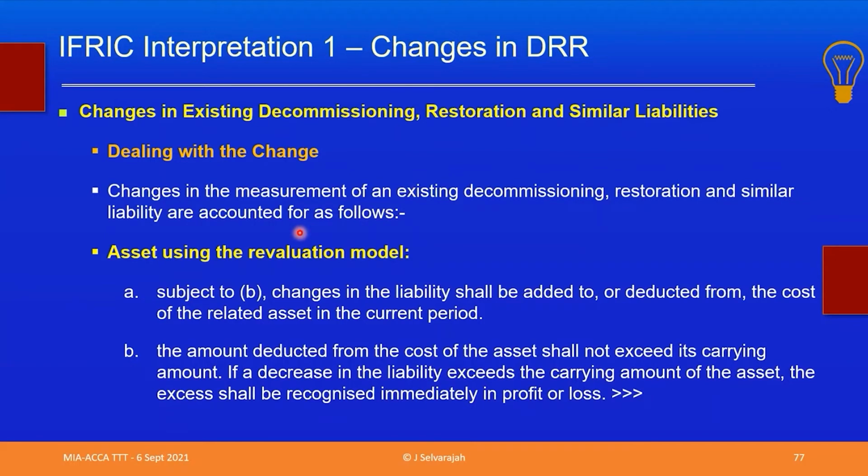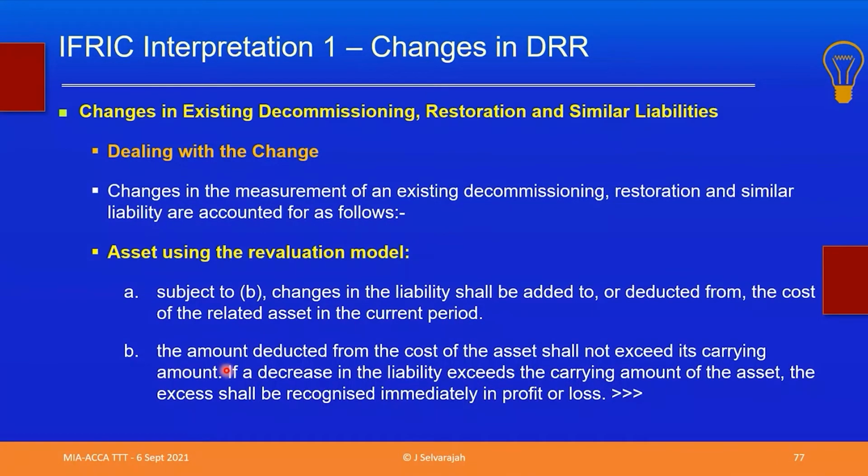So subject to B, changes in the liability should be added or deducted from the cost of the related asset. Just like the first time when we charged the first amount of 1.56 million into the assets, by the same token, when you change any value, you must go back to the asset and change it, all right?